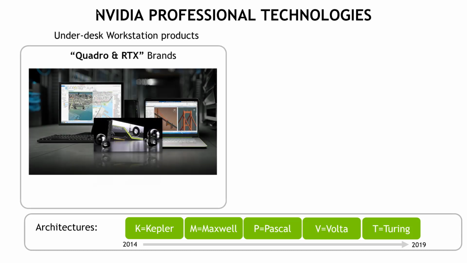So on the left here, you can see we have the under the desk workstation products out there. We have our Quadro brand and we have our RTX brand. So these are graphics accelerators that are designed to sit in workstations and work on a designer's desktop, for instance. These cards are actively cooled, okay, so they have a fan in them and they can run on a wide range of workstation hardware.